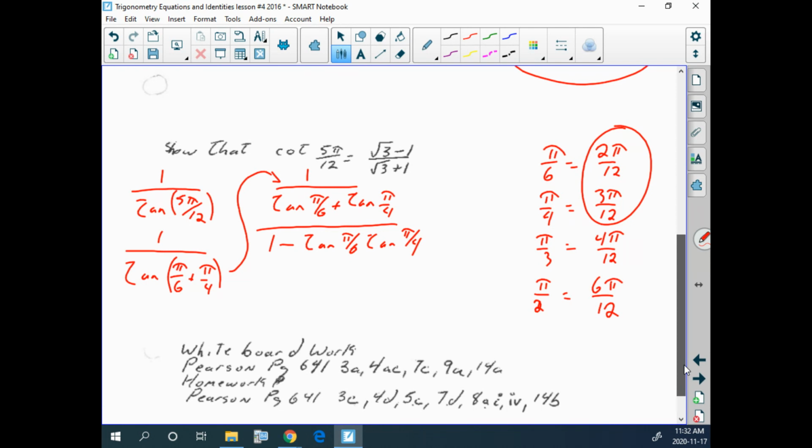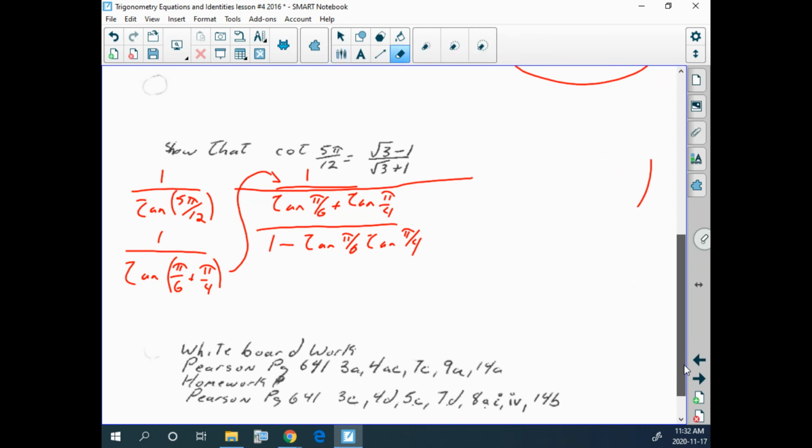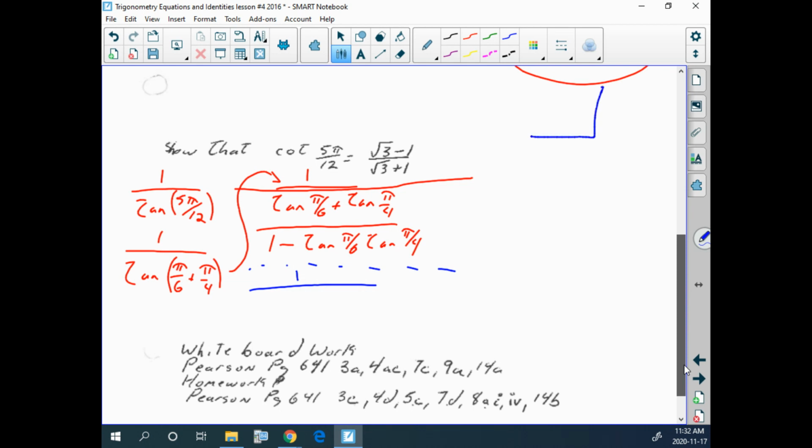So now we get to sub things in. Tangent pi over 6. Here's my pi over 6. Tangent is opposite over adjacent, so I'm going to use 1 over square root 3 for that, plus 1.